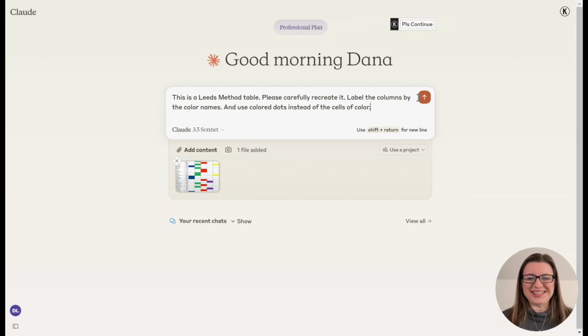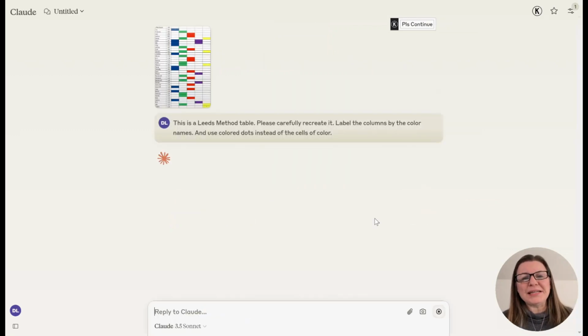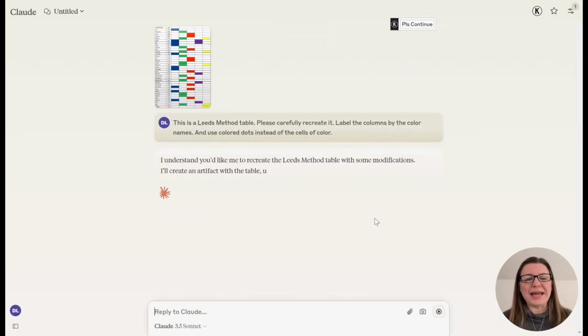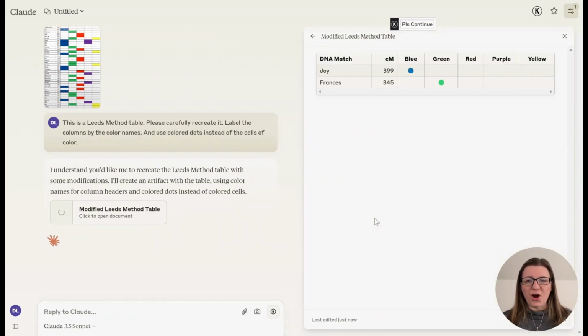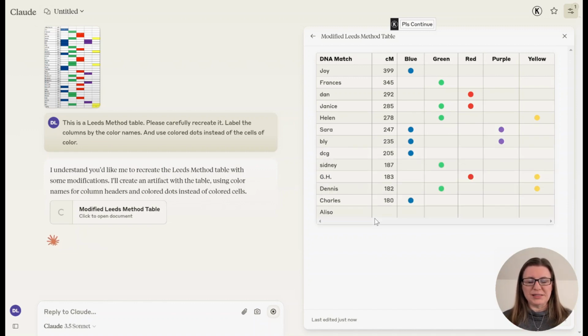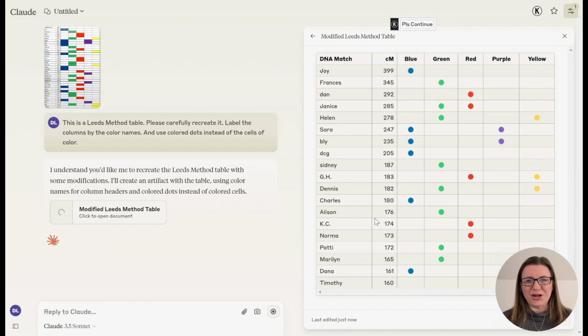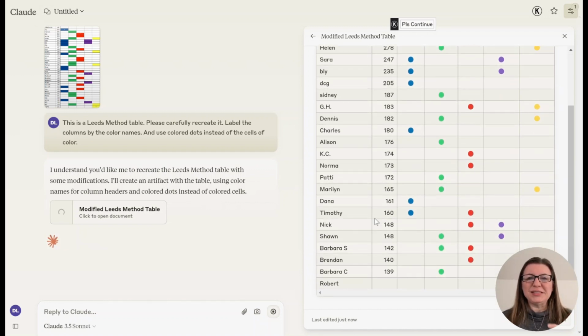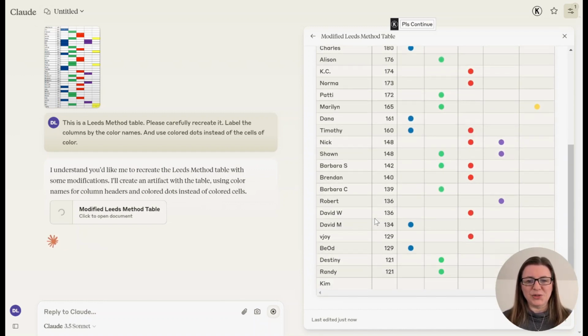So fingers crossed, and let's see. But even when it makes mistakes, we're continuing to learn what AI can and cannot do. So this is going to be done in an artifact. So when Claude does something on the right side and you're seeing the process and seeing what happens, that's called an artifact. And I have a video I did several months ago, and I will put a link to it.